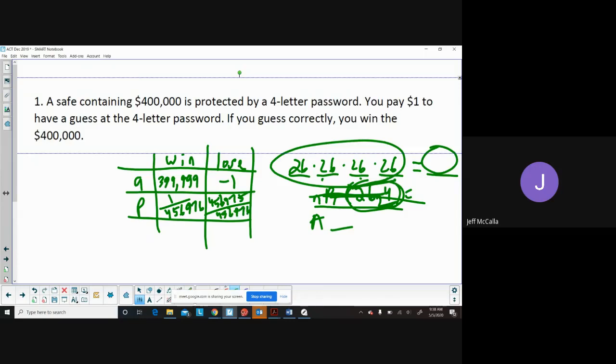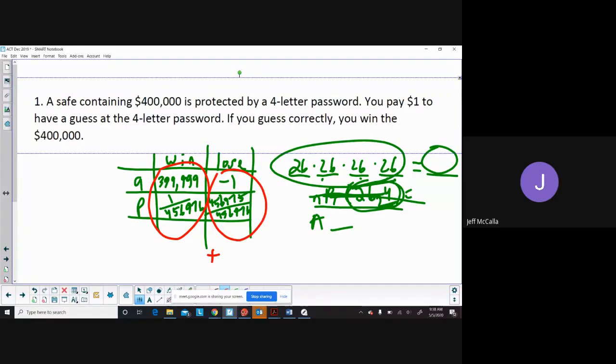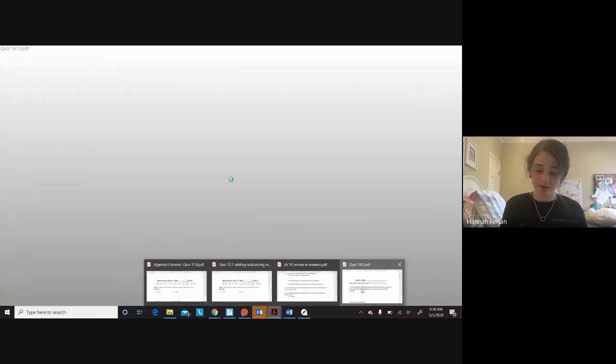And then again, for expected value, you do these 2 plus those 2 multiplied. Okay, you type it in. What was the next one? Number 4 or 3? Yes, number 3.